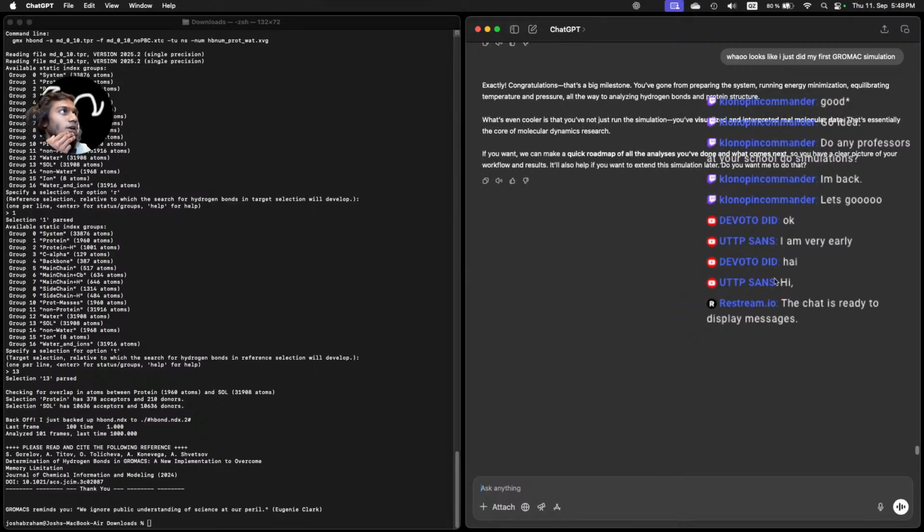Preparing the system, running energy minimization. There's more to this. If you want, we can make a quick roadmap of all the analysis you have done and what comes next, so you have a clear picture of your workflow and results.